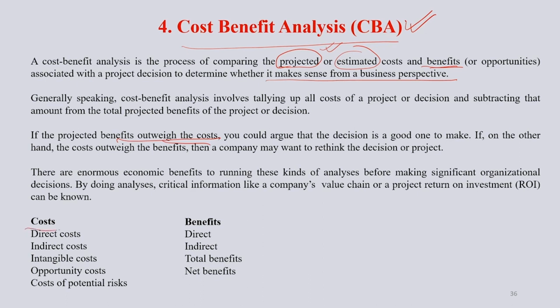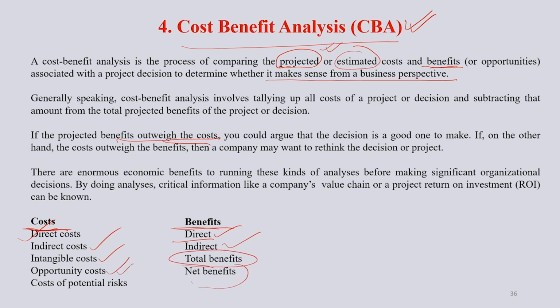Now, look at the comparative table of costs and benefits associated with several kinds of projects that take place especially in the field of development utilizing various natural resources. Now, direct cost, direct benefit, indirect cost, indirect benefit, intangible cost, and then you have the total benefits or net benefits.